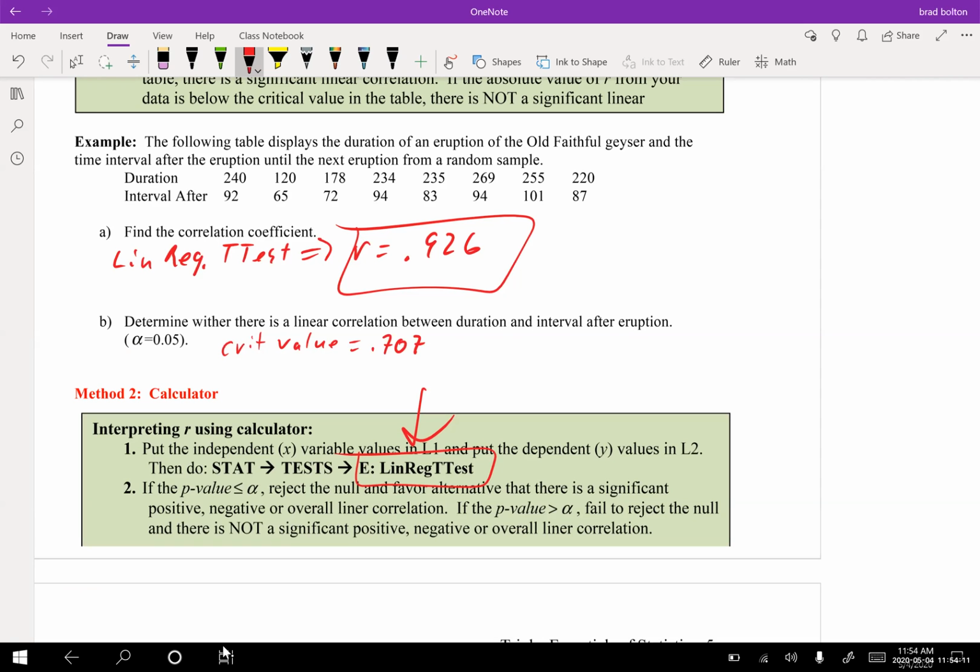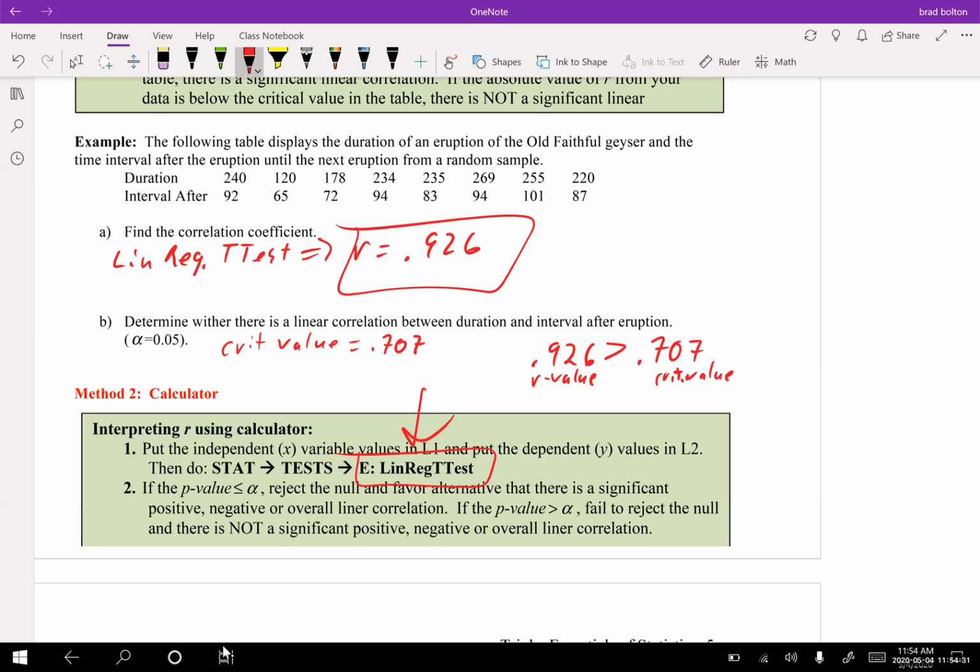If our R is bigger than the critical value, okay, so 0.926 is greater than 0.707. So this is the critical value, and this is our R value, okay?